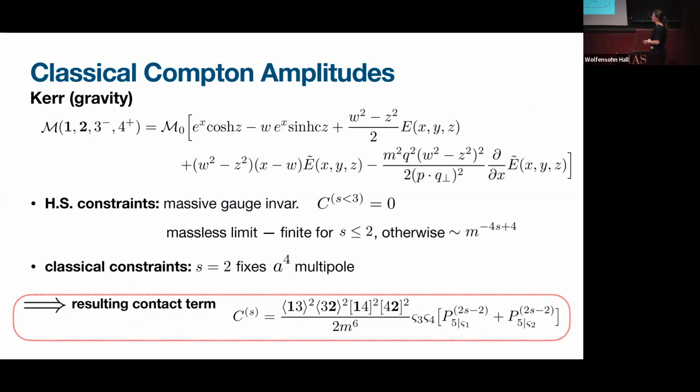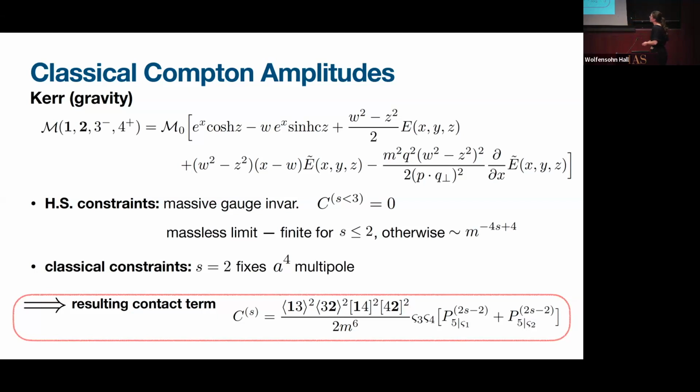That's one constraint, and it will fix one parameter in the contact terms, and this is our quantum contact term that will be fixed by these constraints. It will introduce this term to the amplitude. So we have a proposal for a classical Kerr amplitude.